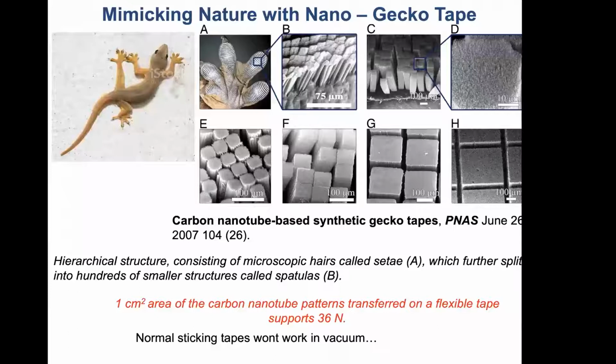Another issue is that our tapes won't work in high vacuum conditions, particularly for satellite and space applications, because lots of issues like degassing will happen. So the normal tapes won't work. And we all know that if I use the same tape multiple times, that also will not work.